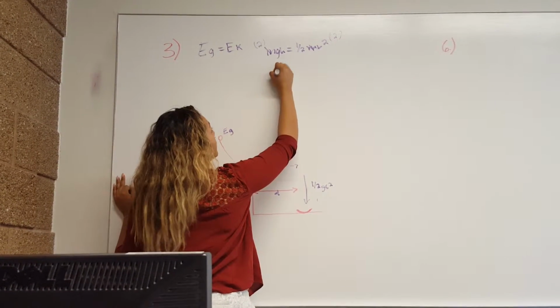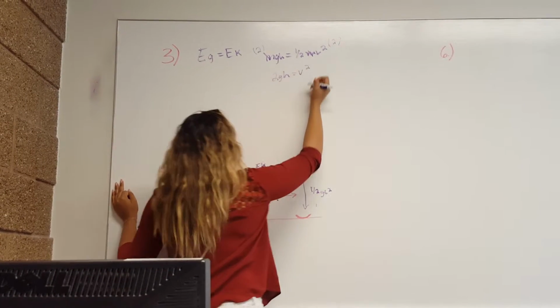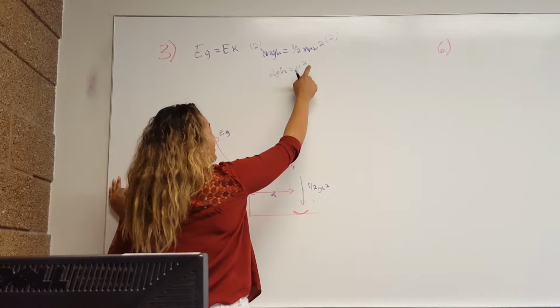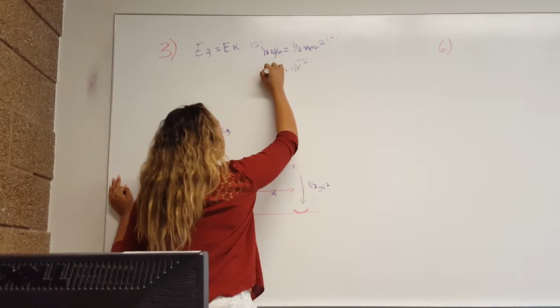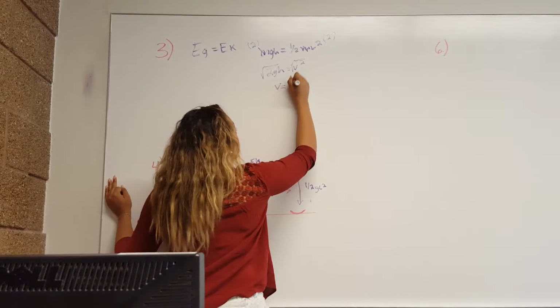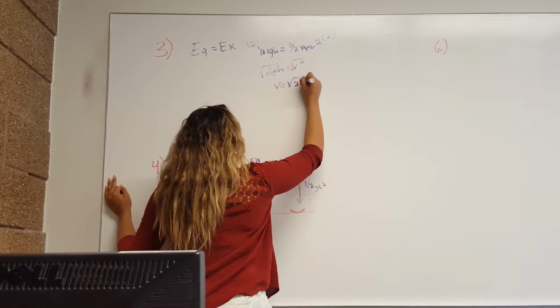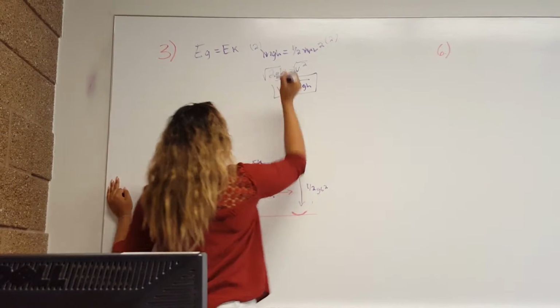So then you're left with 2gh equals v squared, and the way you get rid of the square is by square rooting both sides. So then you're left with v equals square root 2gh, and that will be your answer for number 3.